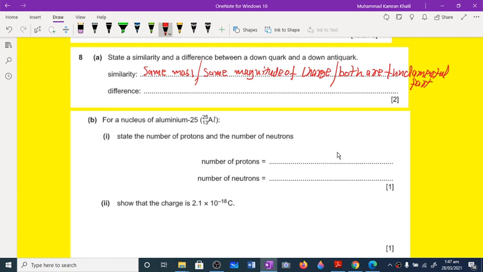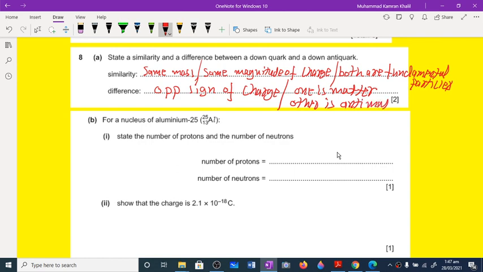So these are the similarities which you can write, and the difference is that they have opposite sign of charge. Or you can write down that one of them is matter and the other is antimatter. So these are the similarities and the differences between the down quark and the down anti-quark.